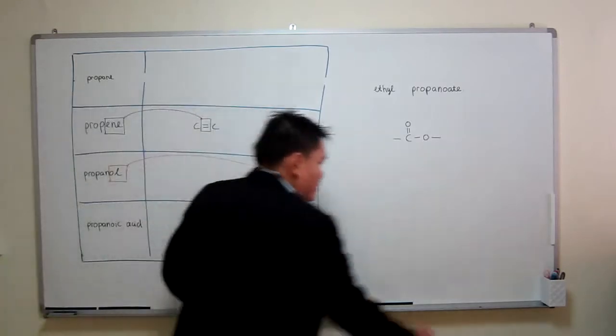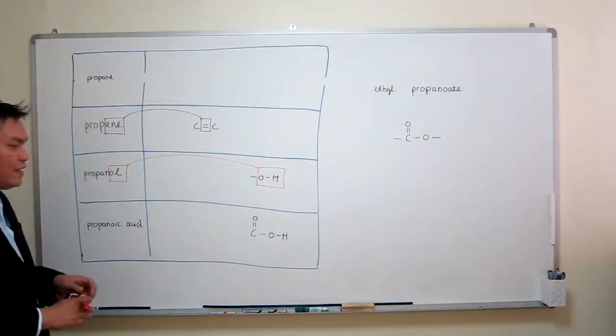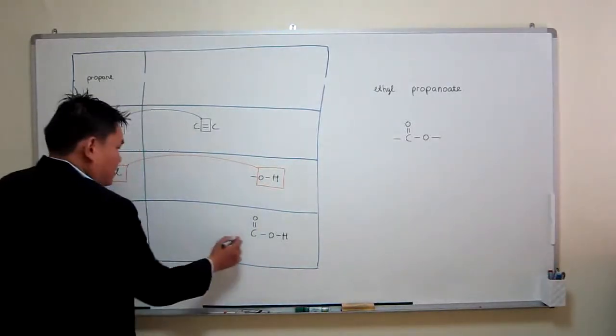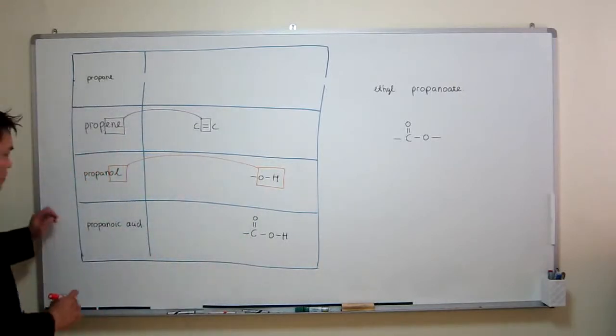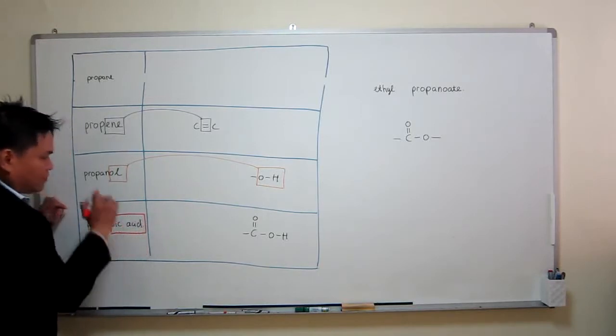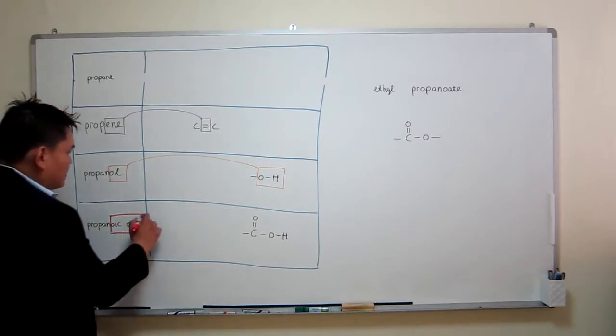Another type of functional group is called carboxylic acid. You can recognize from the name, it contains oic acid. In this case, we are going to do the structure of propanoic acid.